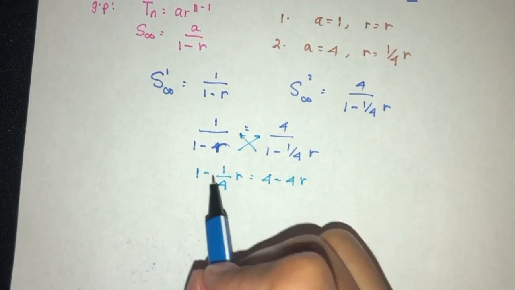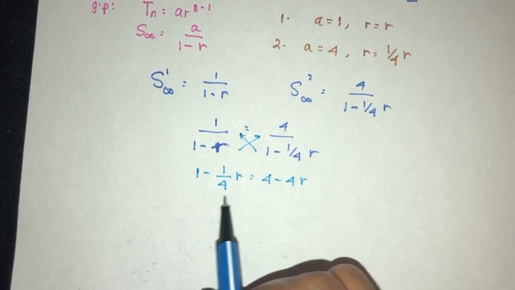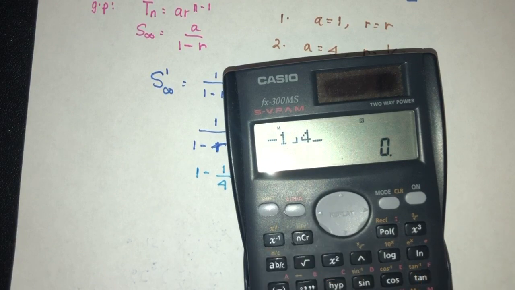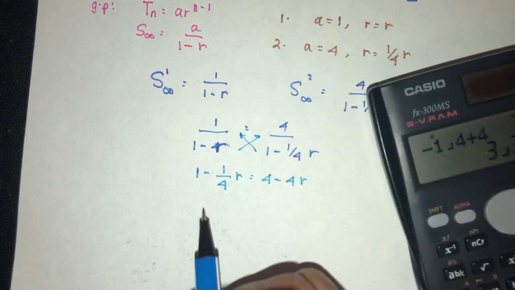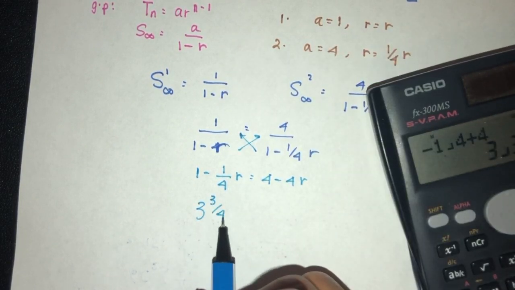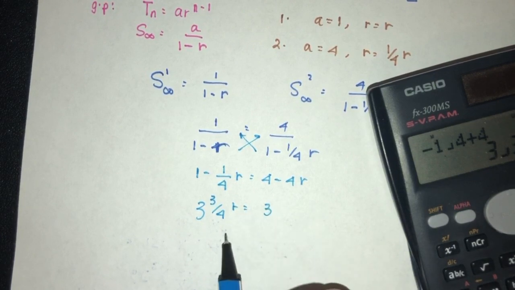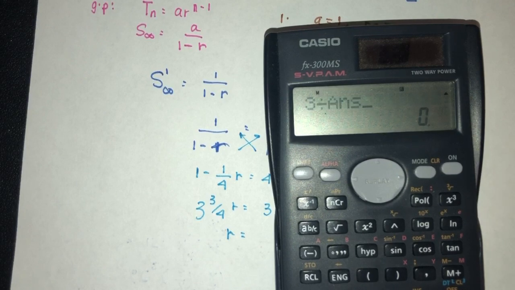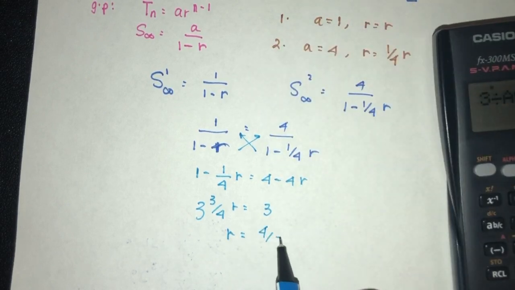Now we can send this over here and this over here, so minus 1 over 4 plus 4, sorry, that should be 3 over 4 r is equal to the value of 3. So r will be 3 divided by 3 over 4, that should be 4 over 5. So r will be this value.